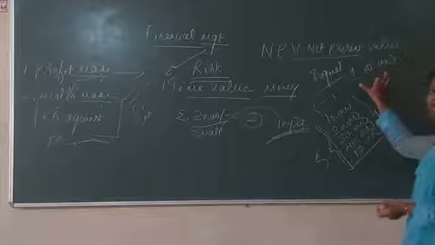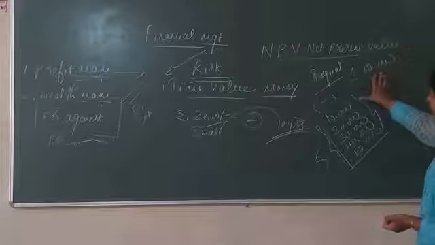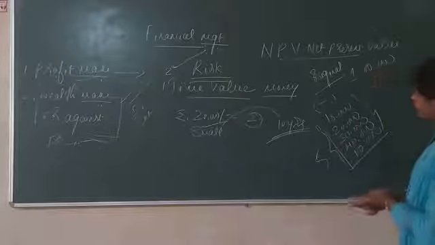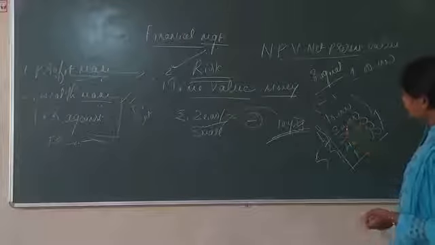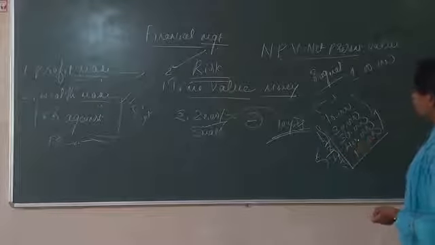How much is the original investment we invested in the business entity? That is 1 lakh rupees. In the first year we took 10,000 rupees, in the second year 20,000, third year 30, fourth year 40, fifth year 10,000.